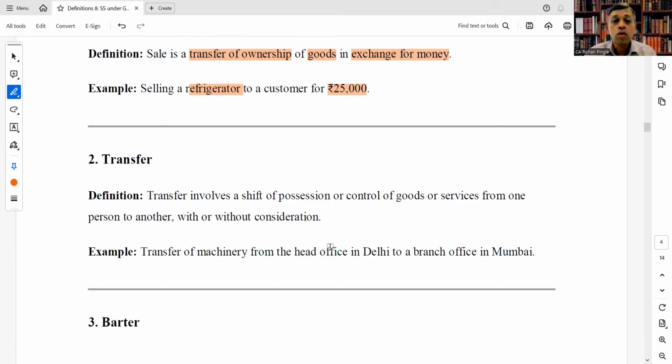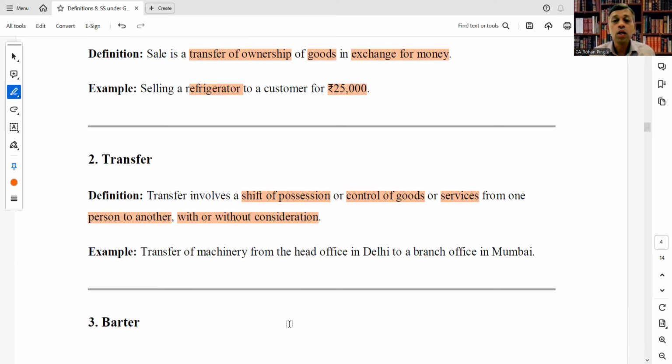Transfer. Transfer involves a shift of possession or control of goods or services from one person to another, with or without consideration.